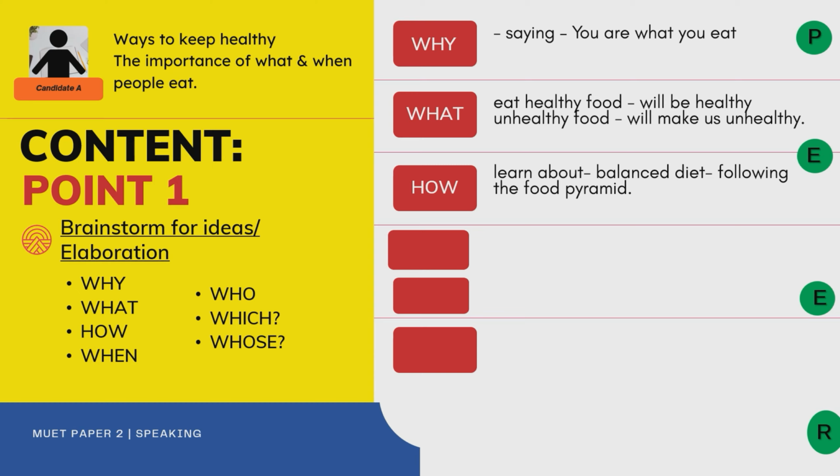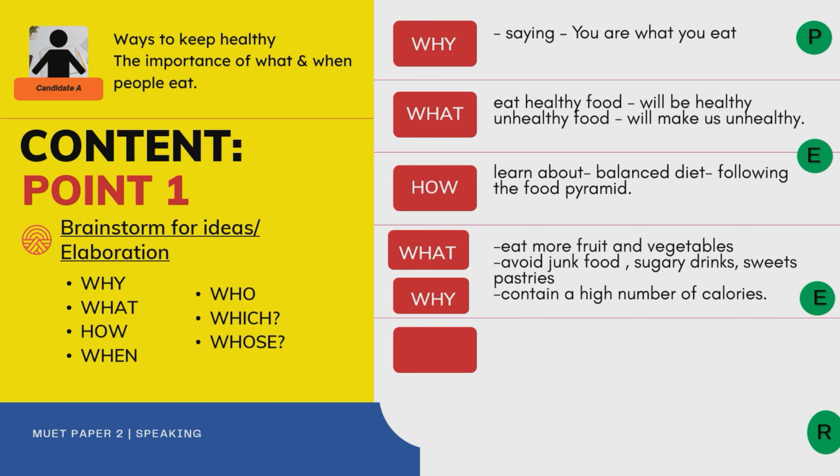Here you need to give examples of food that we should eat more, and what kind of food we should avoid. And maybe you can even ask yourself why we should avoid that kind of food. So what kind of food should you eat more?